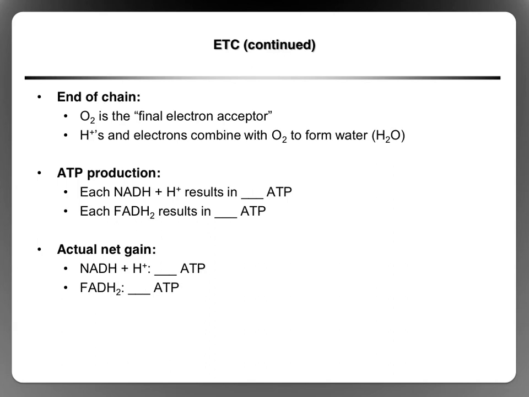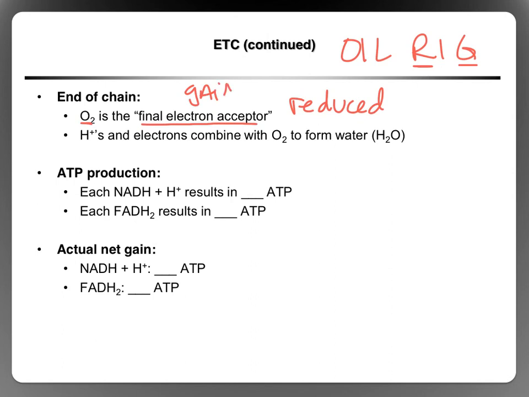All right, so at the end of the electron transport chain, oxygen is the final electron acceptor. Oxygen is the very last thing that gets reduced. Reduction is gaining. So oxygen accepts the electrons, gains the electrons, becomes reduced.